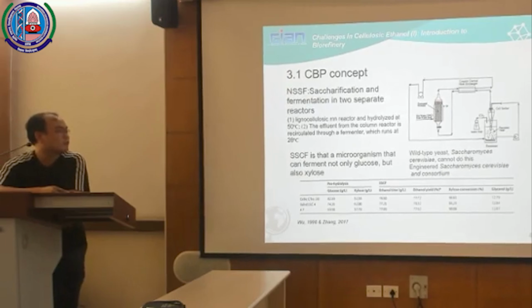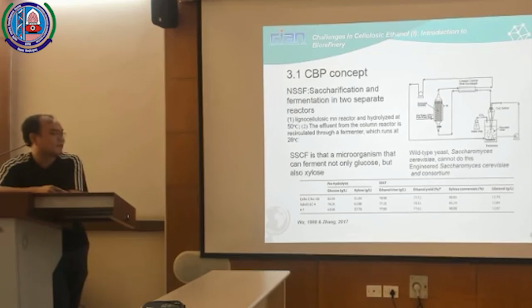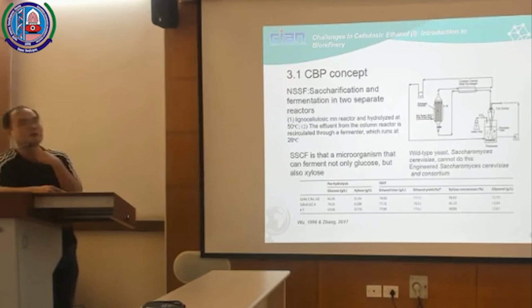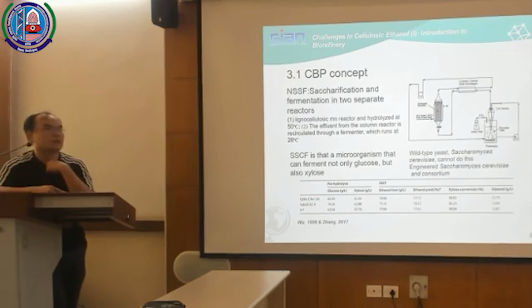Another improvement is the SSCF. SSCF means simultaneous saccharification and co-fermentation of hexose and pentose. Because the Saccharomyces we normally use, the wild-type Saccharomyces, does not ferment xylose and arabinose, so we have to do engineering.